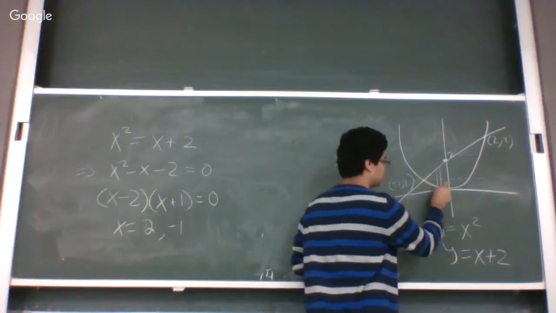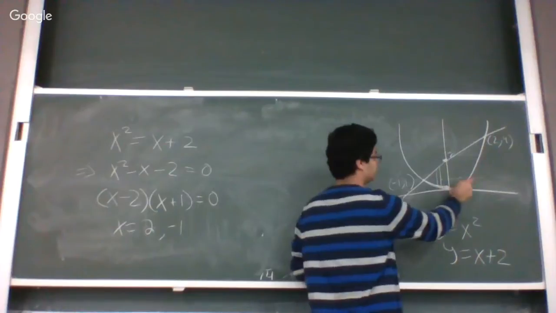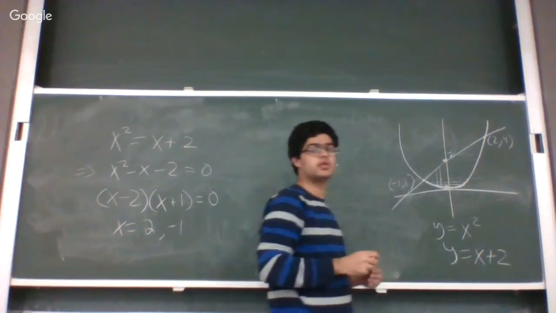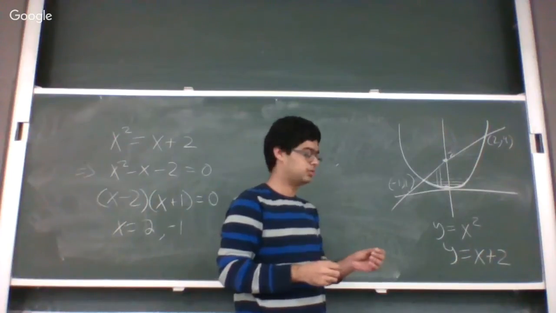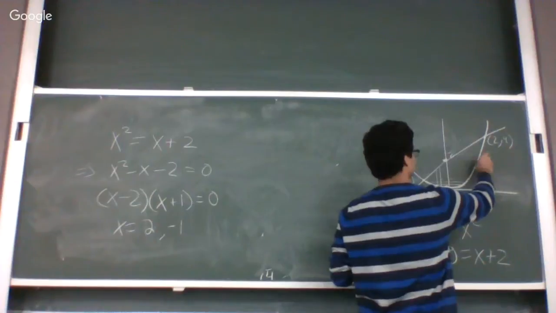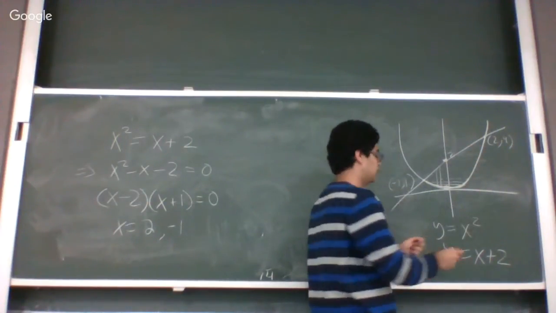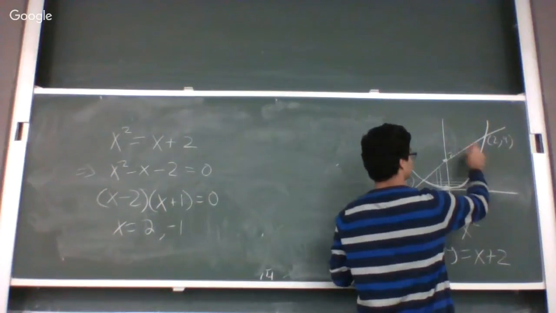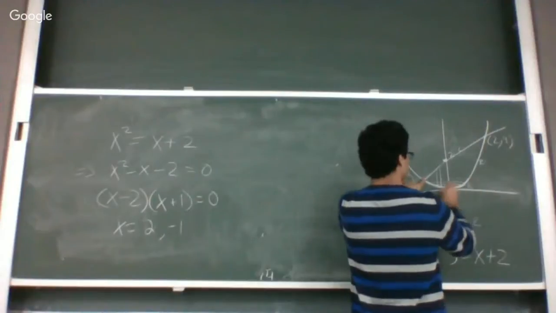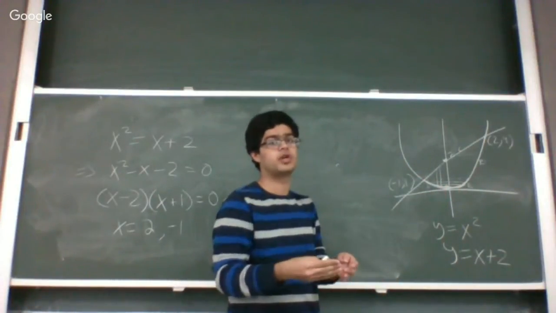Let's just say right and left. This would be the right function and this would be the left function, until you reach this point, where the right and left functions change. So you need two integrals to find the total area.